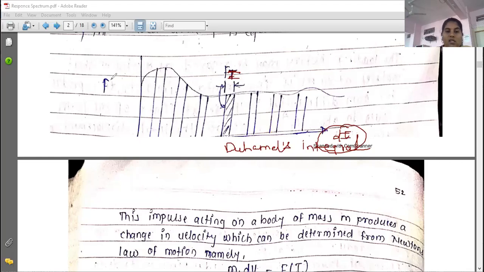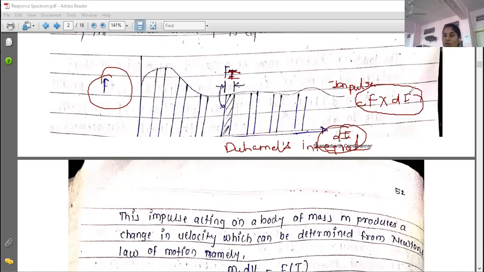On the y-axis there is force. So what is this impulse? The impulse will be the force into dt. So we can write the formula here as Fi into dt. If we take the short slice over here, we can take the integration from 0 to t, so that becomes Fi into dt. So draw this diagram.